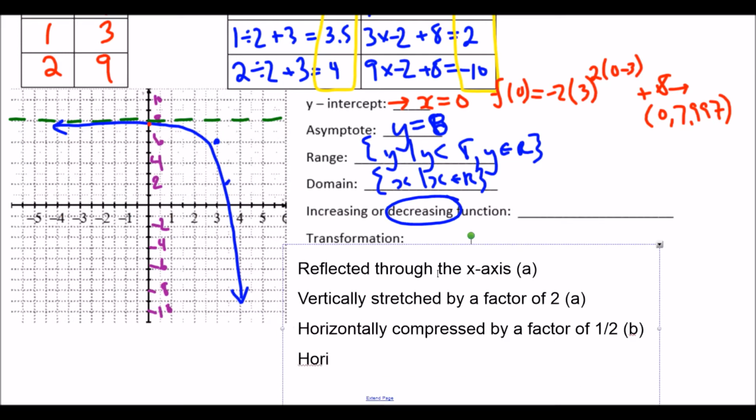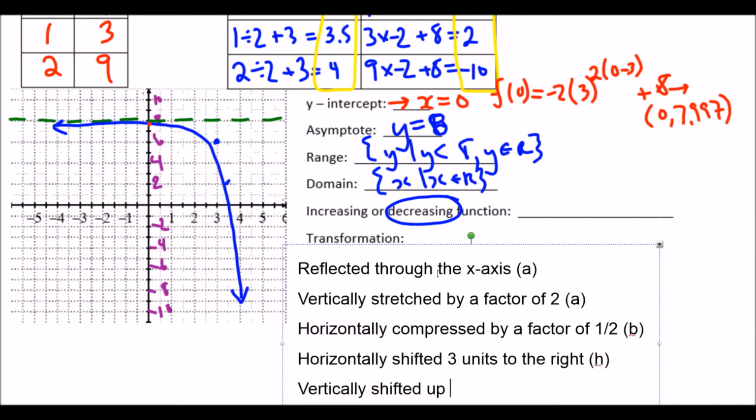It is also horizontally shifted 3 units to the right. That's my H value, sorry. And then finally, it is vertically shifted up 8 units. And there we go, and that's my K value. All right, there are my transformations.